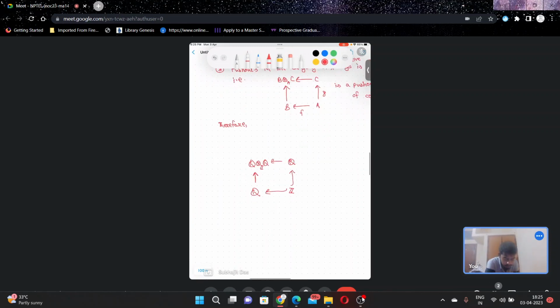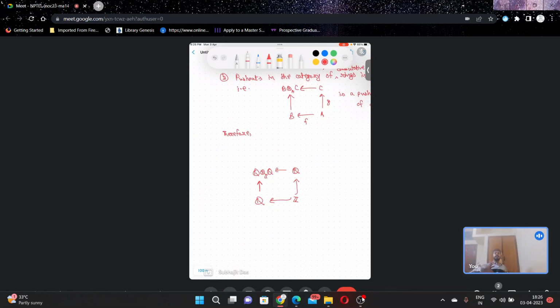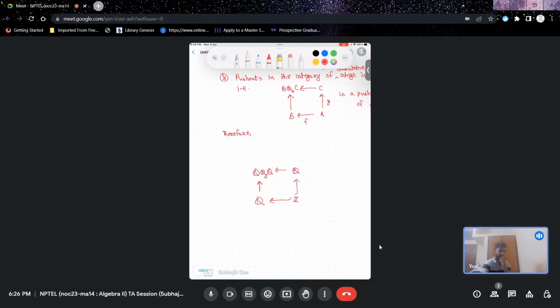So whenever I say that I am taking tensor product, precisely, if A is commutative and B and C, and you have a ring homomorphism of A into B, and you have a ring homomorphism of A into C, then B and C are actually not only just A modules, but they are A algebras, right?